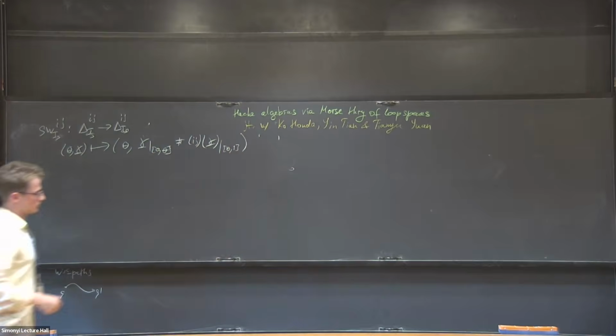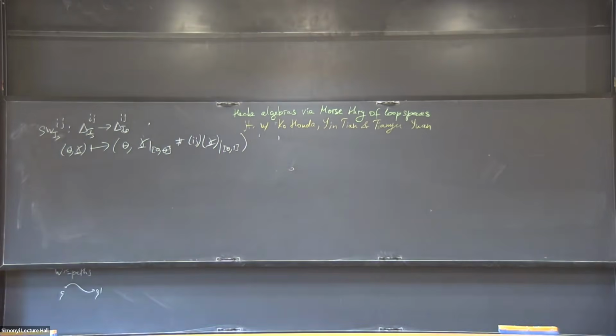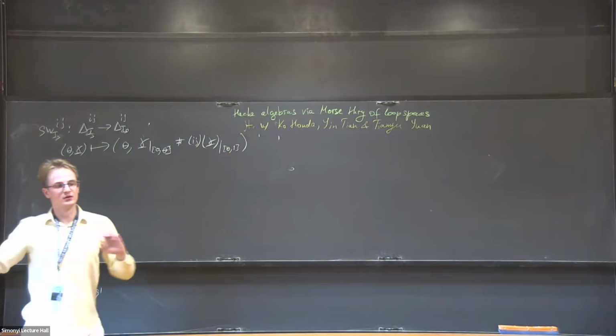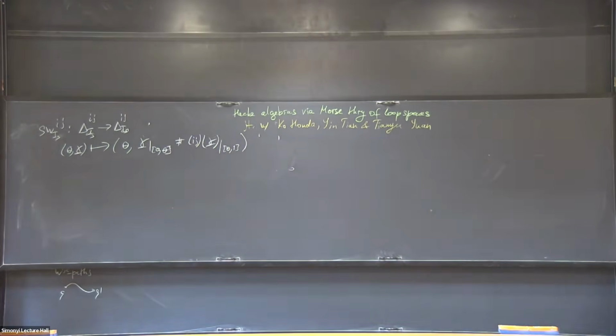Now this is basically a formal way of writing what I just showed here. So ij does not affect any other path besides γ_i and γ_j.